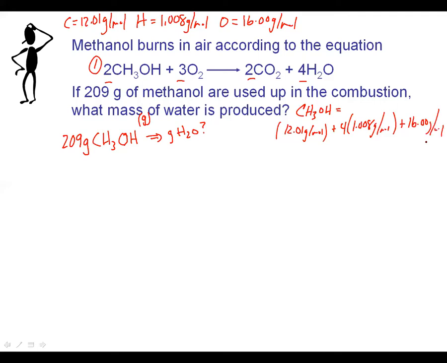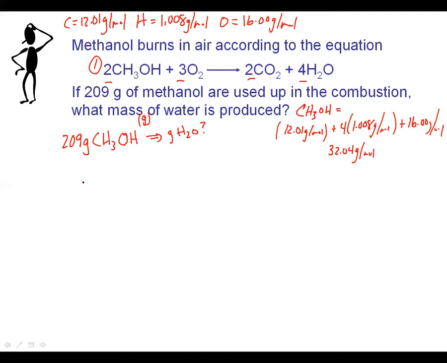And if we do all that good stuff there, we got 32.04 as the molar mass of our methanol there. So 32.04 grams per mole. And we're going to use that as a conversion factor to go from grams to moles. So that would be our next step.